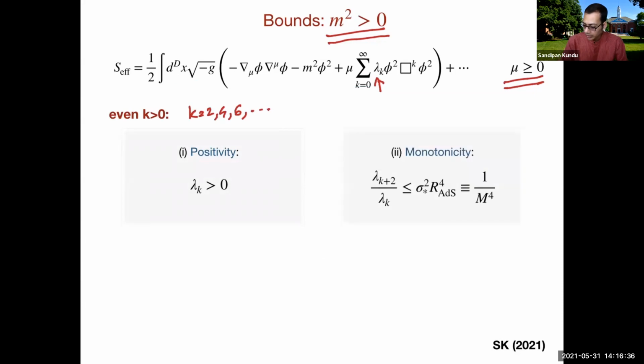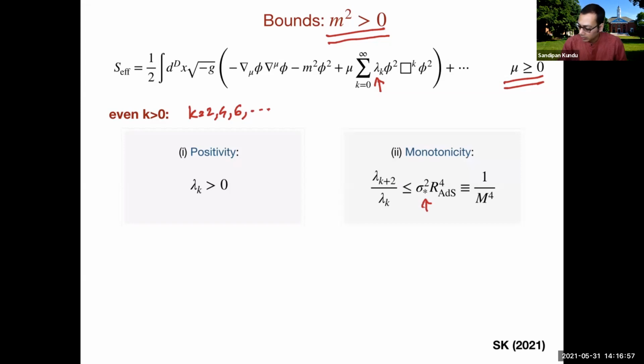The second condition is that as you increase k, the lambda coefficient must decrease monotonically. So on the right hand side, you first get something like sigma star squared times R radius to the power 4, where sigma star goes to 0 first, then you take R radius to be large.